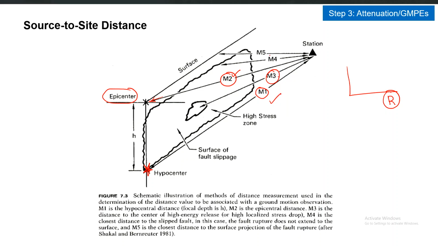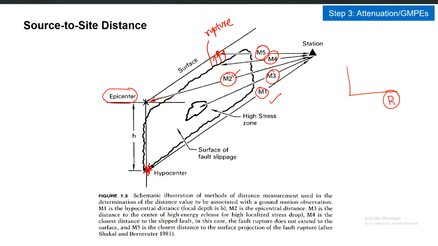M4 here is the closest distance to the slip fault, and basically this is the rupture or slip. So the closest distance from the actual slip to your station is M4. And if you take the projection of that actual rupture or slip on the surface, so the closest distance from that projection to the station will be M5.